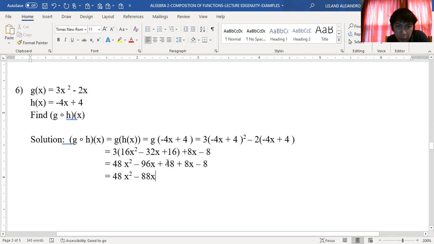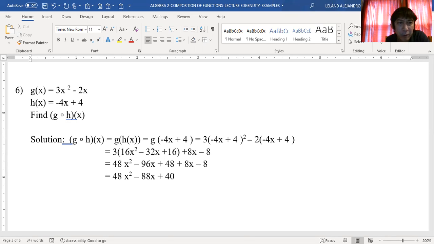And then we have here a plus 48 and a minus 8. That should be about 40 there. And this must be our final answer. And this will be the required g of h of x.